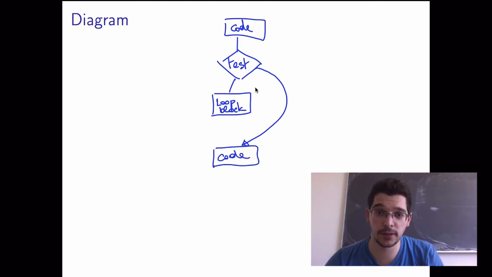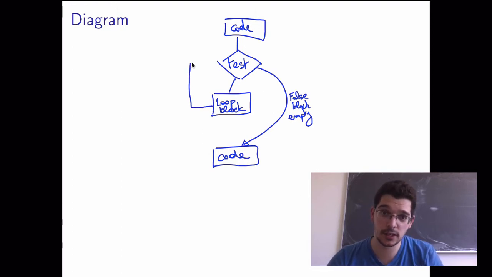So far, it's very similar to a test. So the false block is empty. And if the loop block was branching back directly to the code, it would just be a simple conditional. The difference is that it's not doing that. It's going back to test.